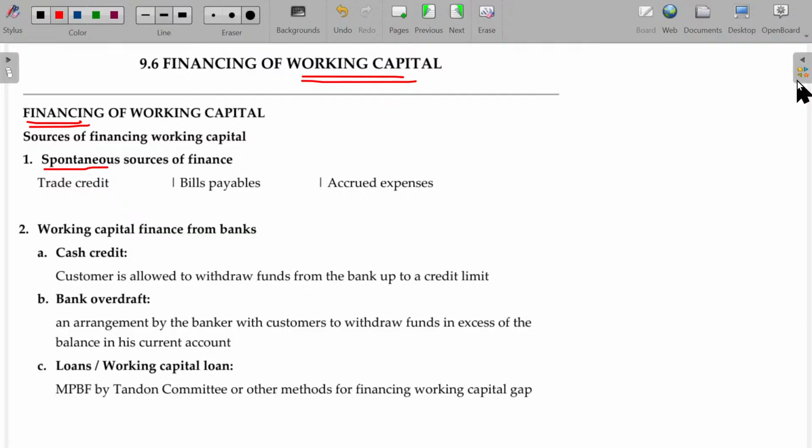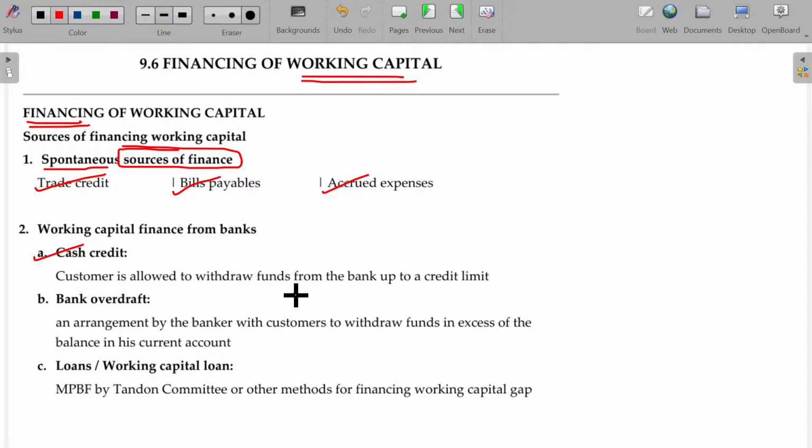These are not actually created, but automatically you will be getting trade credit, bills payable, accrued expenses, and so on. All these facilities are spontaneously available, or you can go for getting cash credit from the bankers.